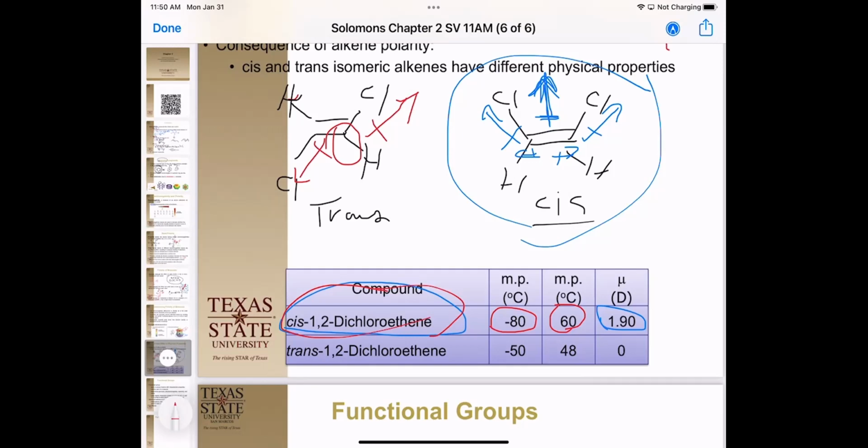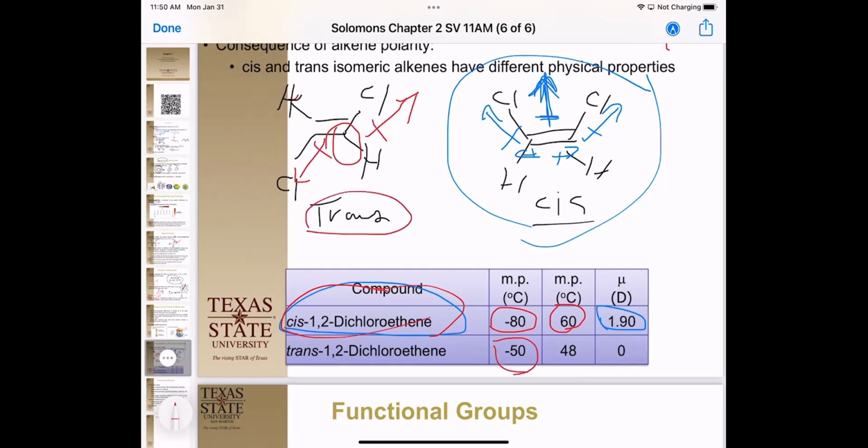So in the case of this, you have a low melting solid because it's small molecular weight, but it boils at 60 degrees because it has to break all of those polar interactions between each of the molecules. But let's look at the trans. We have non-polar here. It melts a little bit higher.